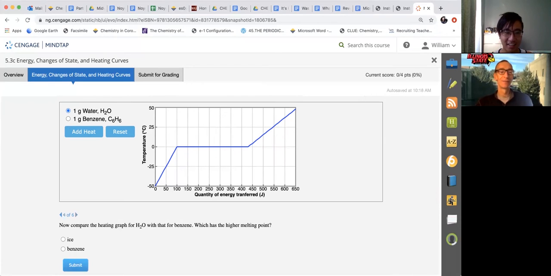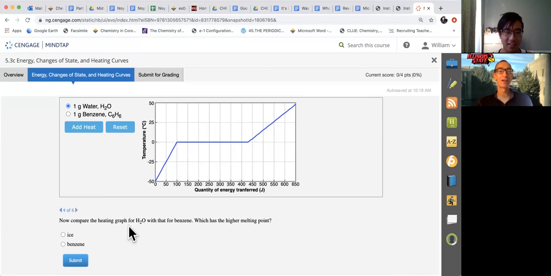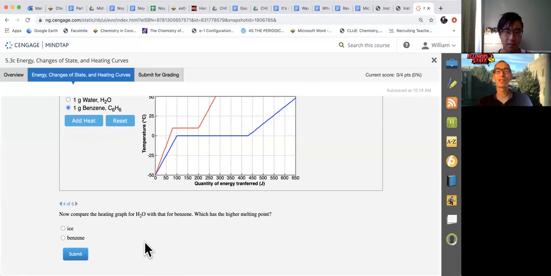All right. Now compare the heating graph for water with that for benzene. Okay, there's the benzene graph. Which has the higher melting point? I think I know this one because this was the melting temperature for water, right?